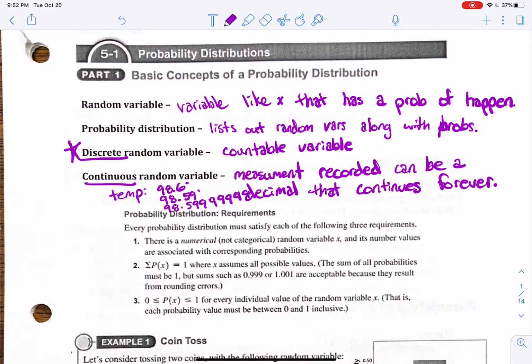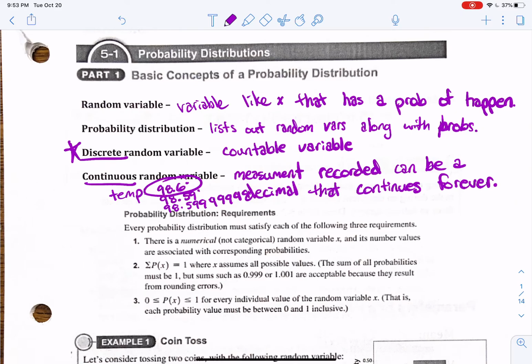Your thermometer will probably only give you 1 decimal place, but keep in mind that is a rounded temperature. Your temperature is probably not exactly 98.6 on the nose. It's probably closer to 98.59999 or something like that, where it's rounded to 98.6. So for a continuous random variable, the measurement can have a decimal that continues on forever.